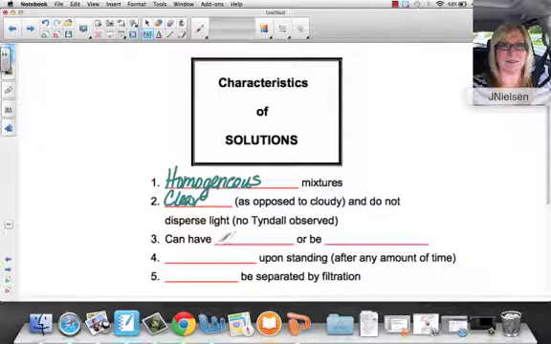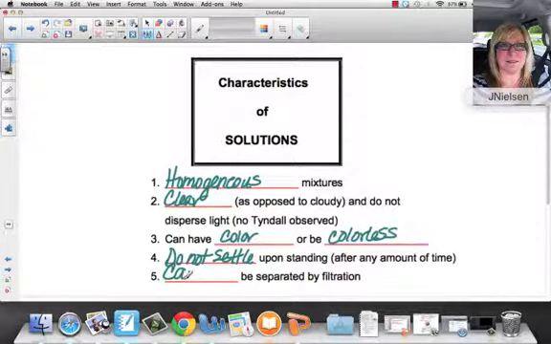They can have color or be colorless. They do not settle upon standing. And they cannot be separated by filtration.